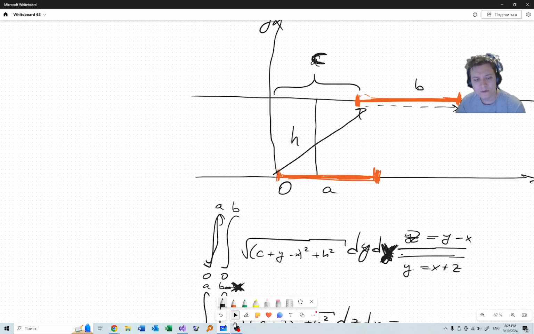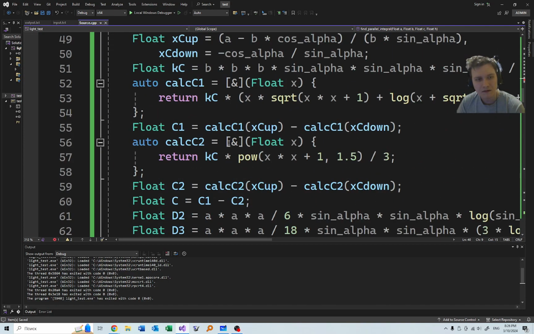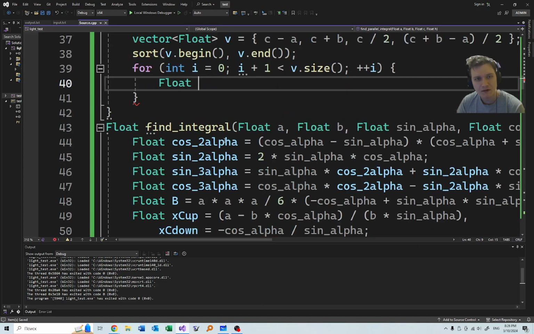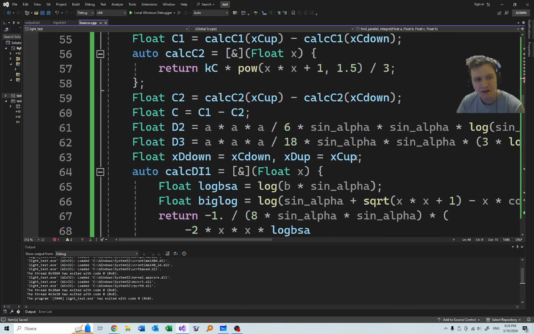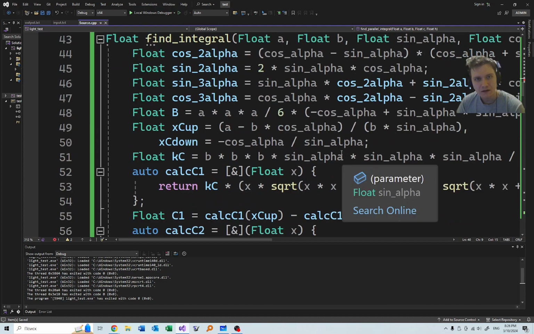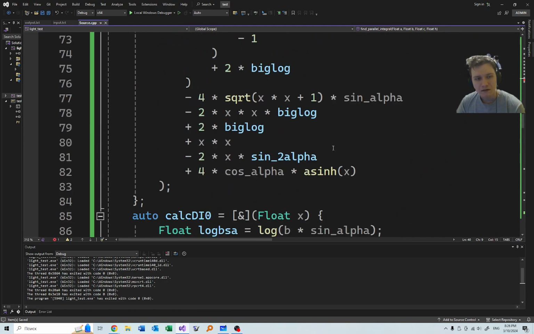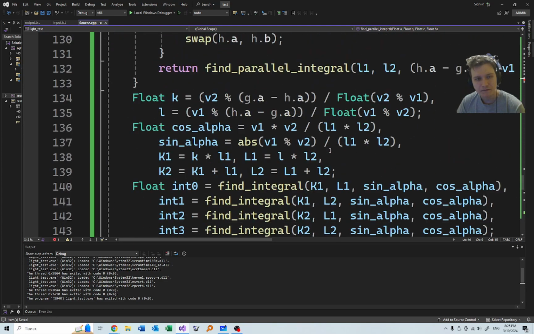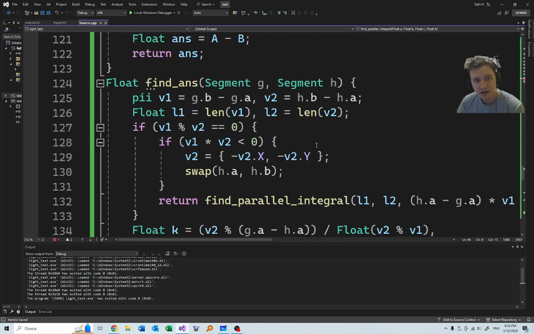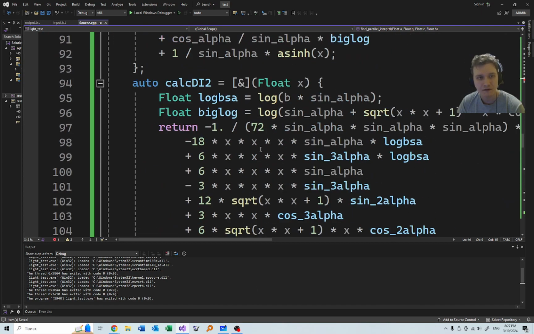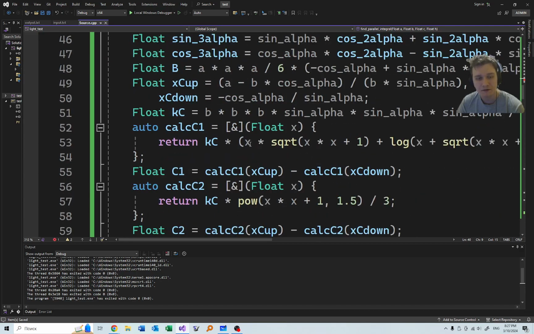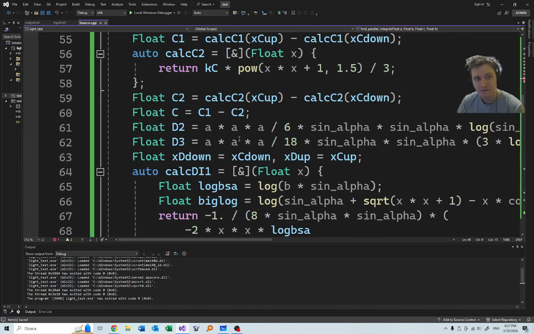Are a and b always positive? So a and b are here, and yes, a and b are always positive. Okay, this is very good. Actually, this is very good.